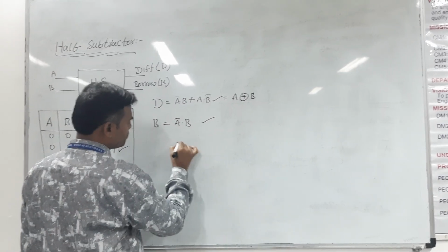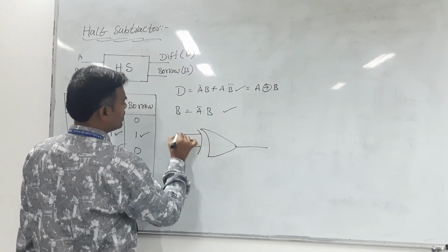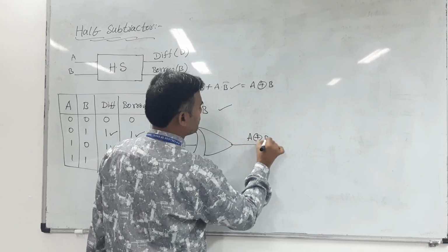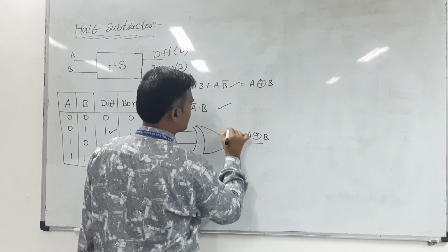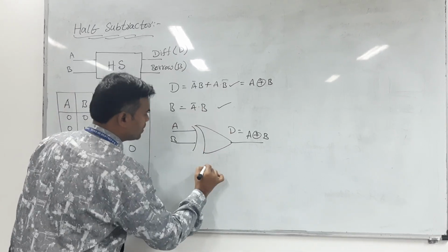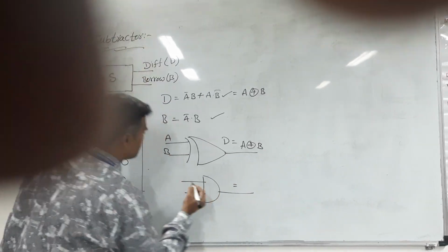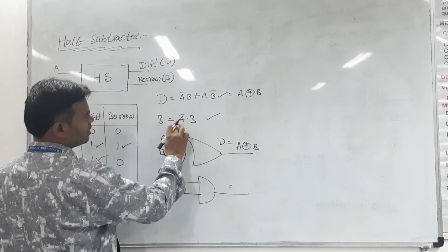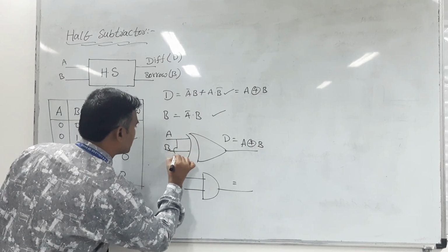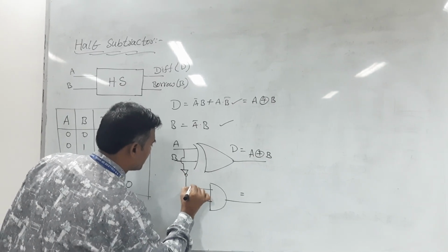You just draw the logic diagram for these two output variables. Take a 2-input XOR gate with inputs A and B; the output is A XOR B, which is the difference D. Next, to realize the Boolean product term A bar into B, take one AND gate, whose output is the product of its inputs. Take one NOT gate whose input is A, and its output is A bar.